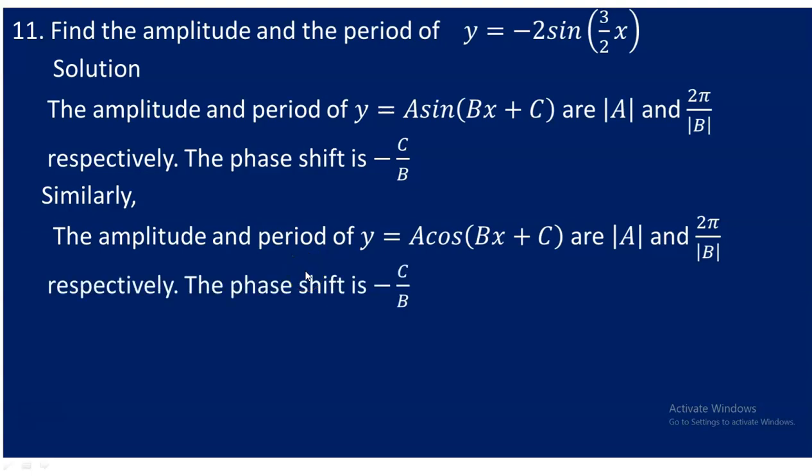Here the phase shift in both cases is minus c over b. What makes the expression inside the bracket 0 is the phase shift, and it's going to be minus c over b.